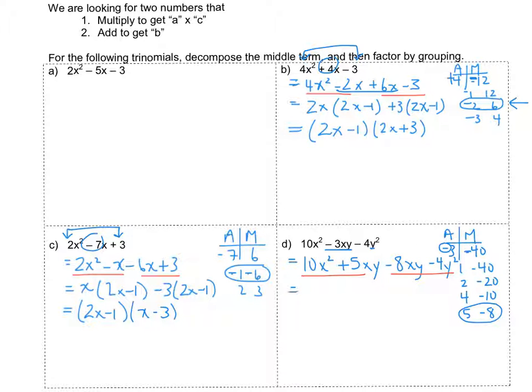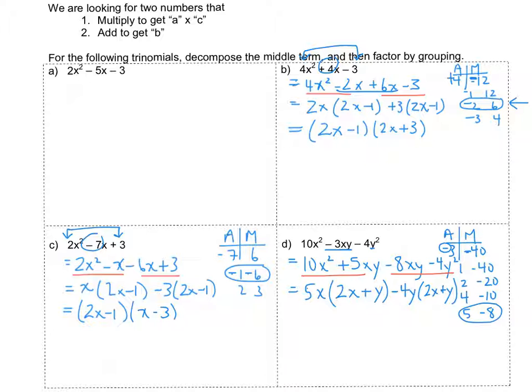If I look at that first pair, 5 and x would be common, and that leaves me with a 2 and an x. That will give us the 10x squared. I would need a plus. I already have 5 with an x, but I still need a y with that. And then out of the second pair, I would have a minus and a 4 and a y is common. That would leave me with a 2 with an x and a plus y.